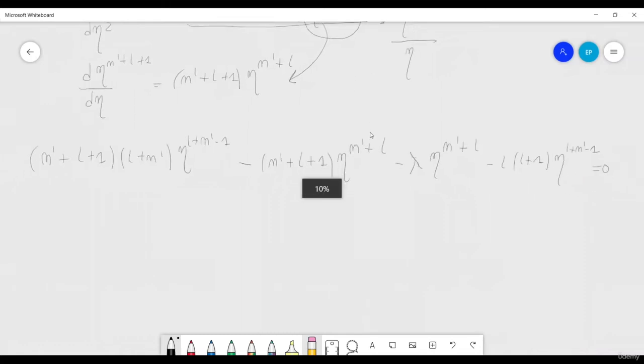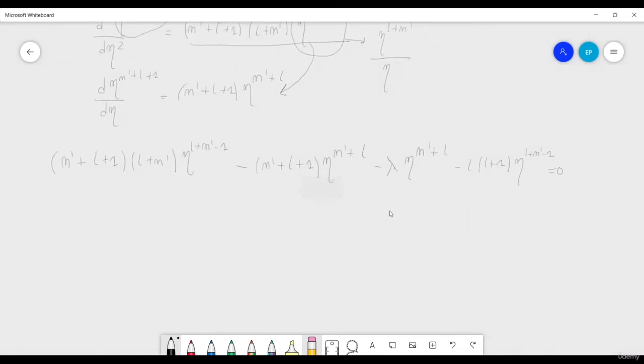But we can still make some more consideration here. As I was telling you some minutes ago, this term, the term that multiplies this coefficient, and then I also have this term here, are negligible with respect to the term that multiplies eta to the power n prime plus L, and also this term here.